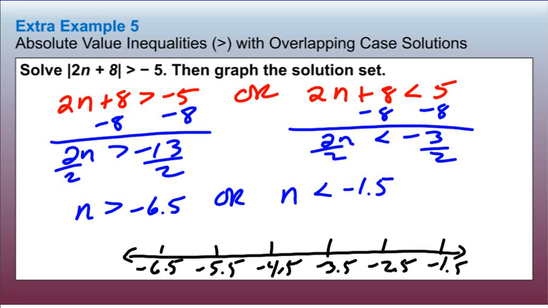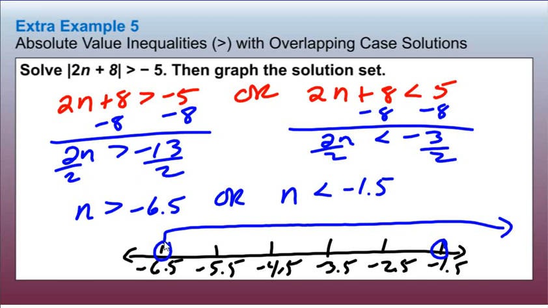We have an open circle at -1.5, and we have an open circle at -6.5. Now it's got to be greater than -6.5, so it's going in this direction. Any number bigger than that would work. And then any number less than here would work.